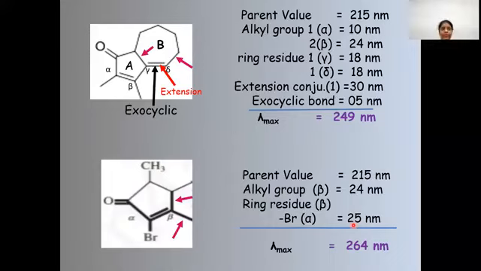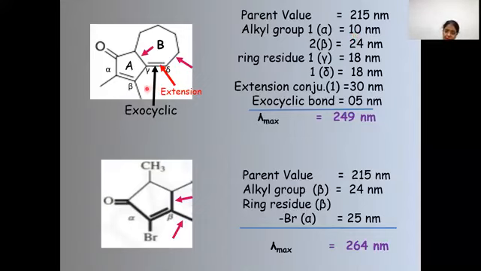Next example. In the next example, our parent molecule is from this carbonyl group, alpha and beta. Our parent molecule is from this carbonyl group to this beta position. Now we have to look at the substituents. One alkyl group is present on the alpha, increment will be 10 nanometer.